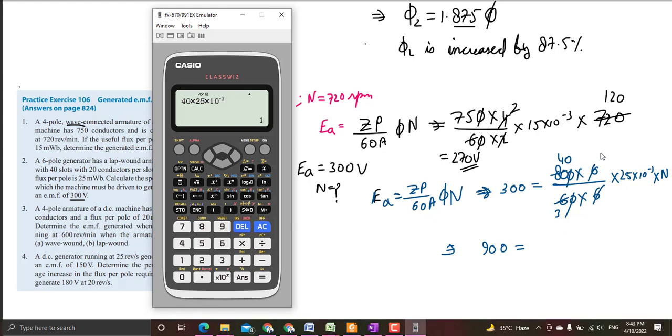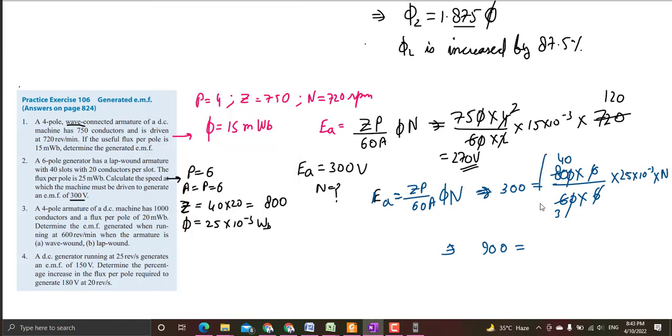So this whole multiplication is equal to 1. This 3 I have sent to this side, so this is 900, so this is 1 into N, so N is equal to 900 rpm.